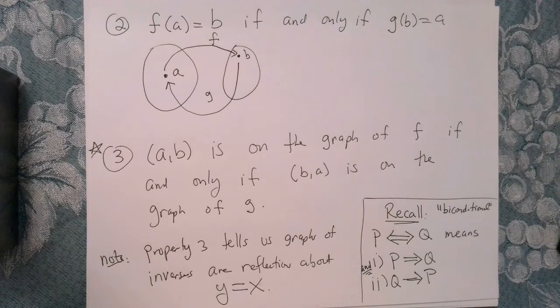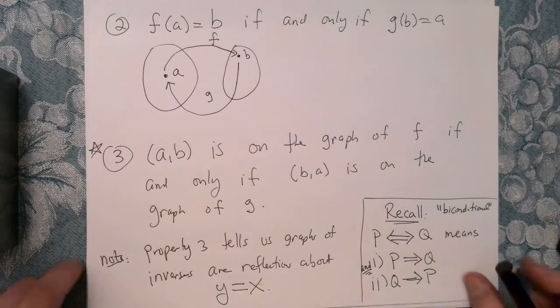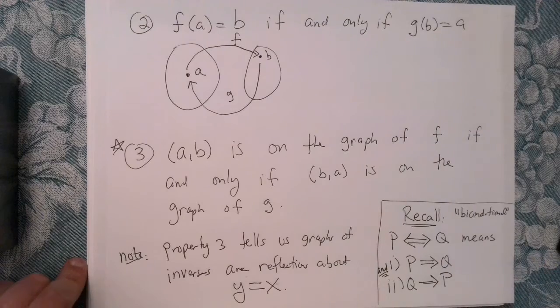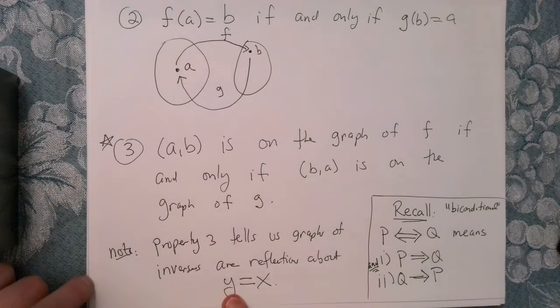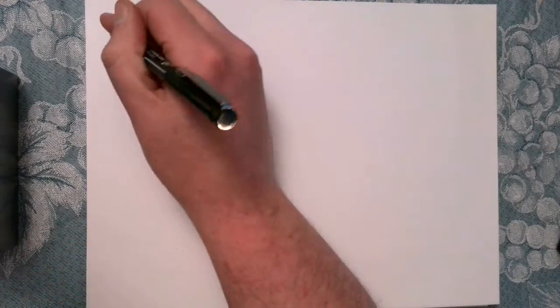And let's investigate this. Let's look at this idea geometrically. We're going to look at a function and its inverse, look at both of their graphs, and the point of this is to observe that they really are reflections through the line y equals x. So I'll call this a little investigation.